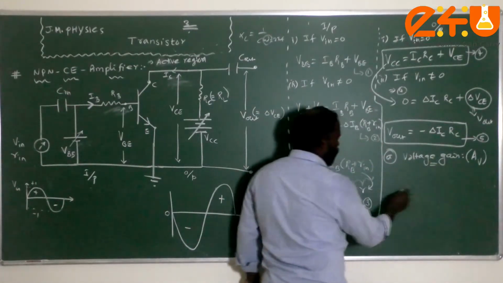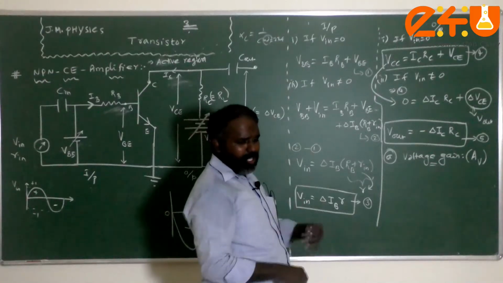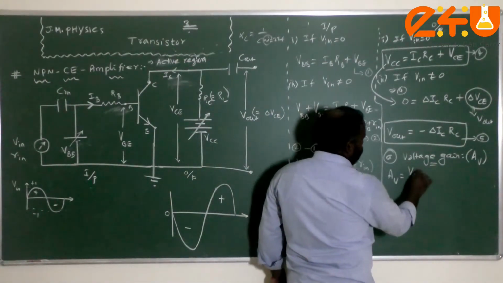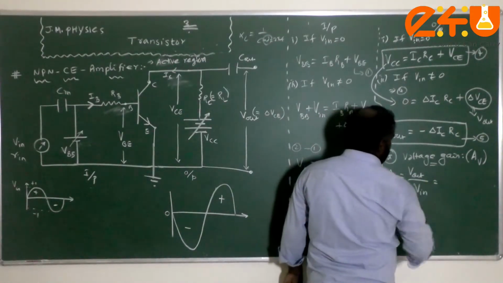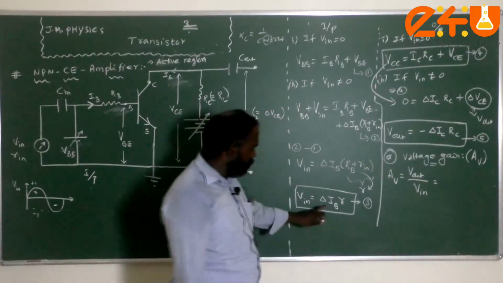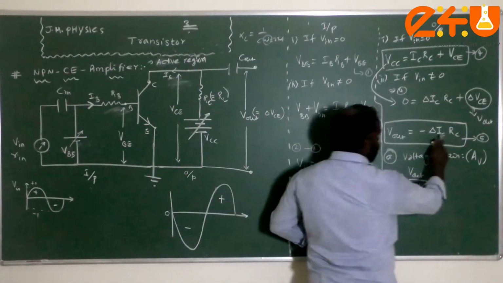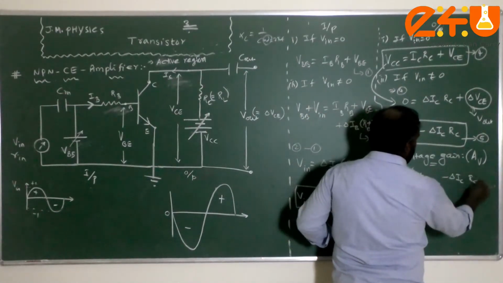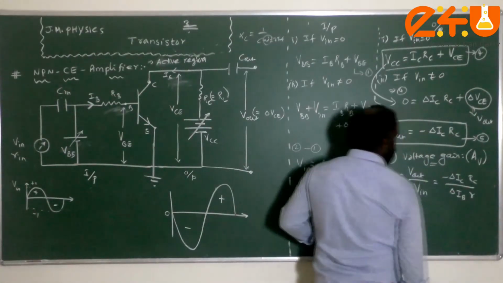You know that gain generally means output by input. Therefore I can say that AV is equal to delta V out divided by delta V in, that is equal to delta V in, delta IB into small r. So V out is minus delta IC into RC, divided by V in, delta IB into small r.